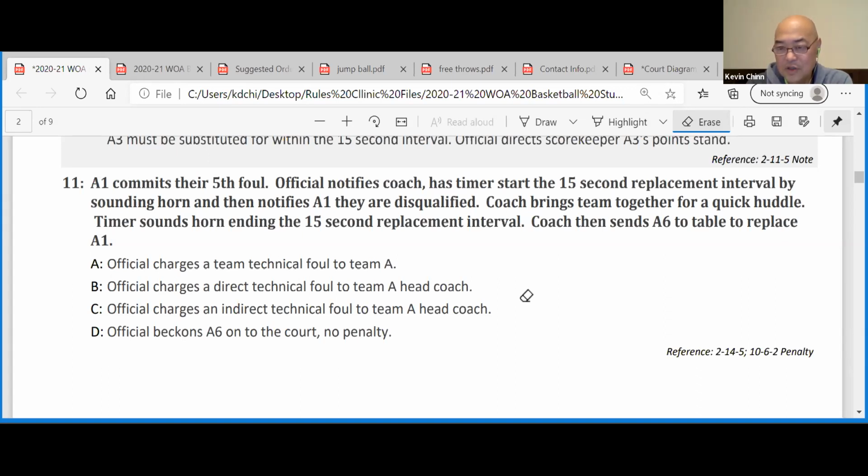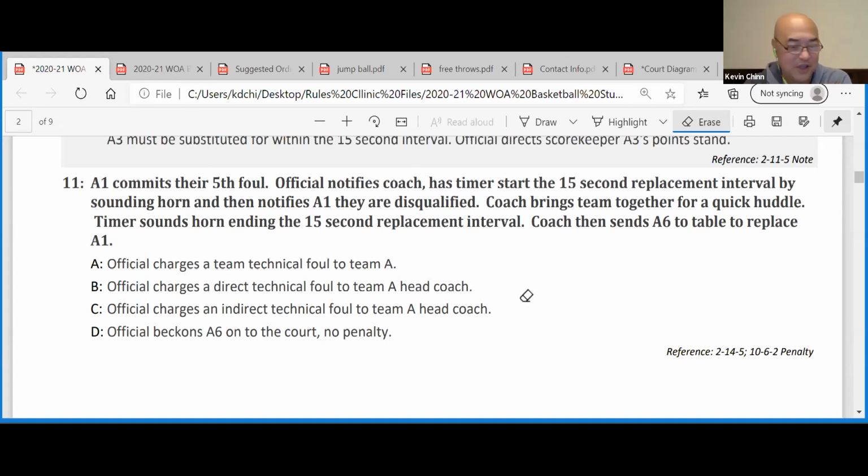So that player was never at the table ready to come in at the 15-second interval. He has to be at the table for you to beckon him in, just as the horn's going off or before the horn's going off. So do you guys actually call that tight? Yes. Okay.